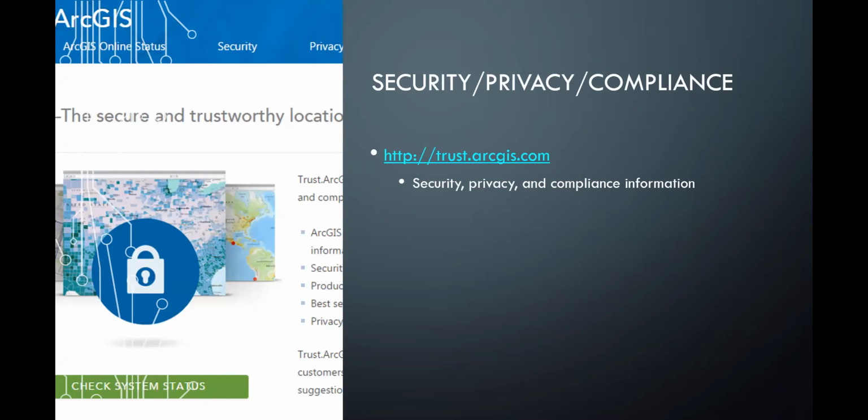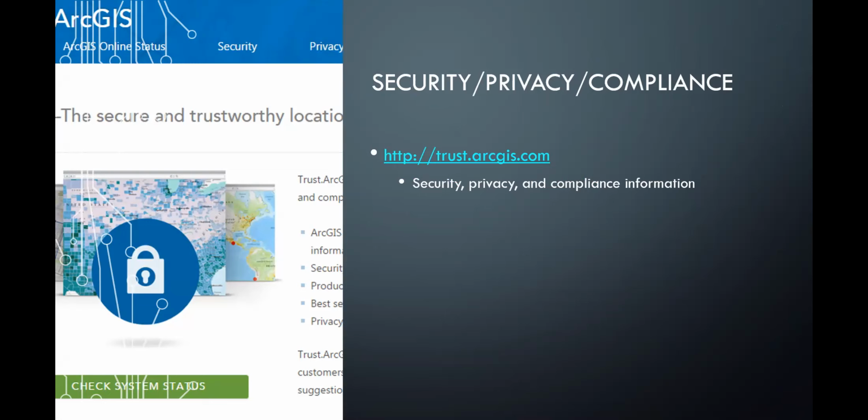Let's take a minute just to talk about security. If you have any questions about that, go to trust.arcgis.com and understand Esri's policies related to this. For example, the platform is FedRAMP authorized. It meets FedRAMP policies, I guess you'd say.